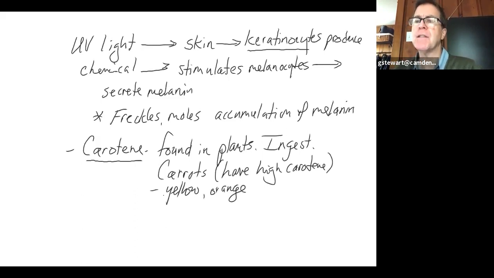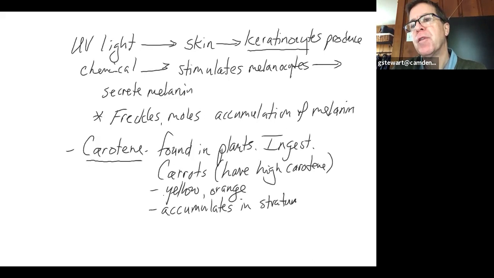And when we ingest these foods that contain it, our skin accumulates this pigment in it. It really accumulates in the stratum corneum, which is the upper layer of the epidermis.